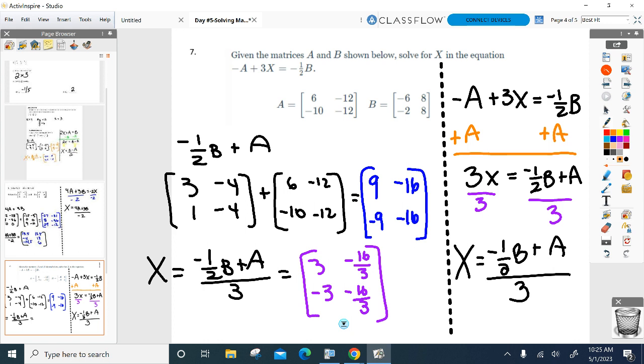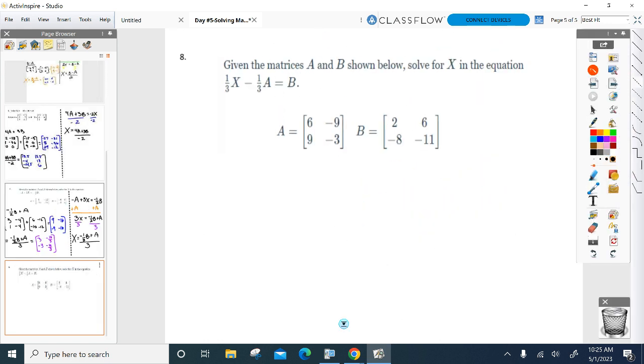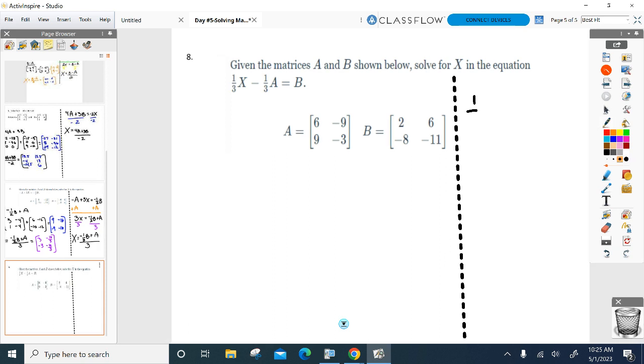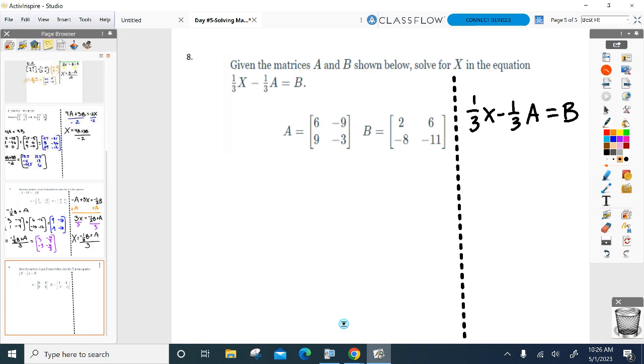Everyone's good before we go on to the last one? Set? All right, let's talk, and then you can figure out the matrix. All right, I got 1/3 x minus 1/3 a plus b. Your first move to get x by itself? Add 1/3 a.